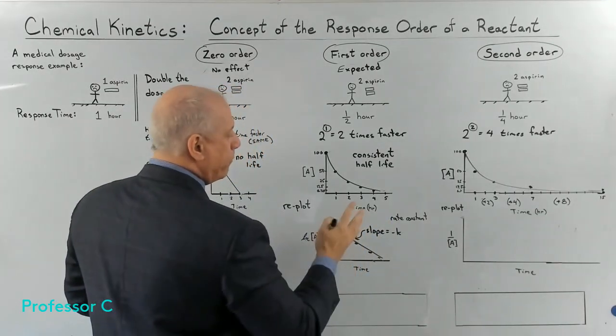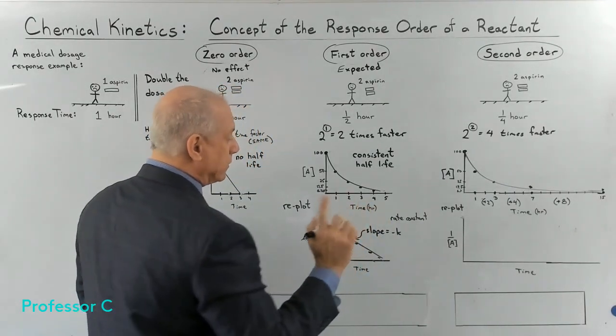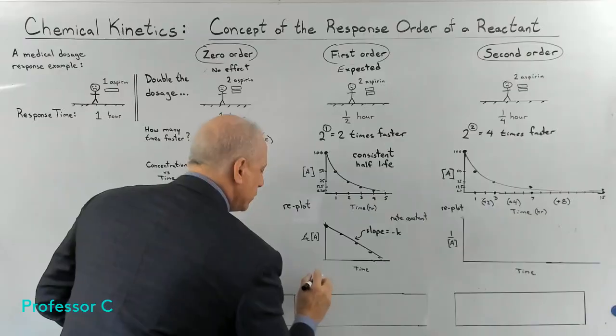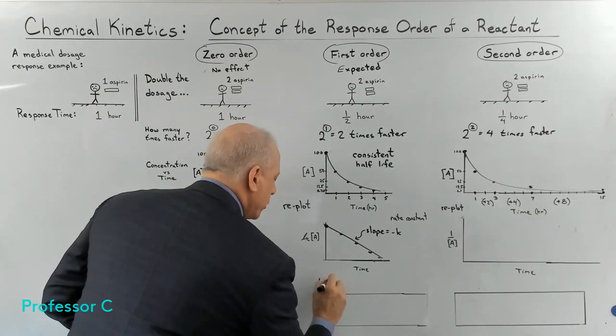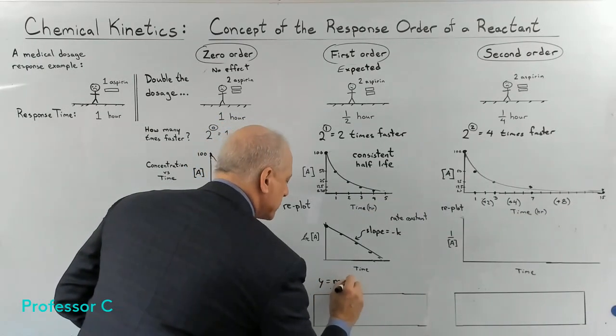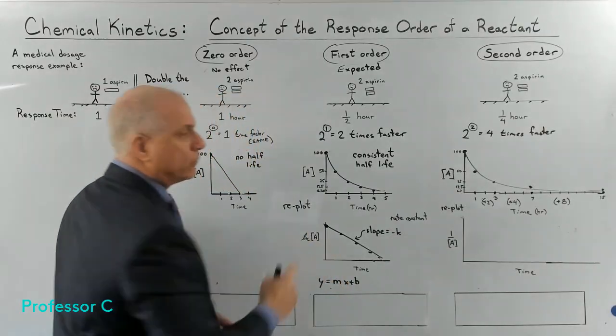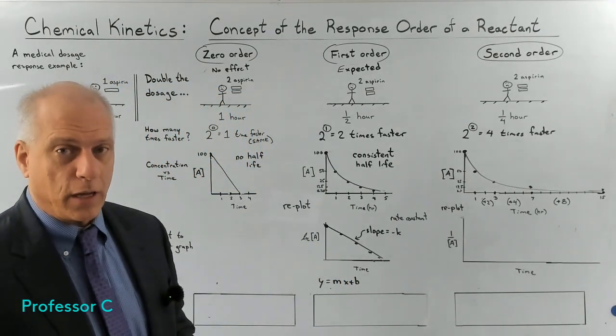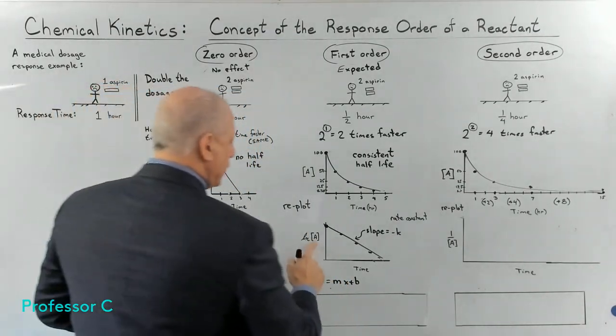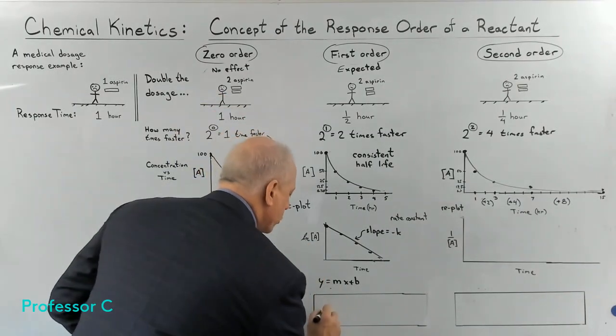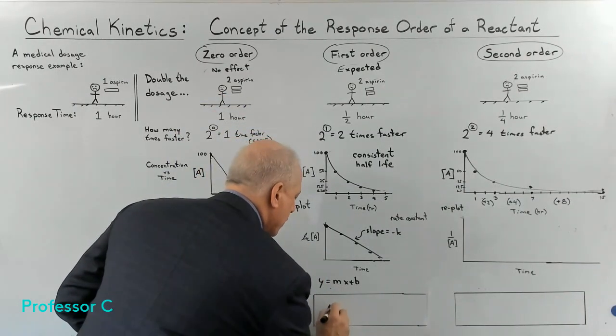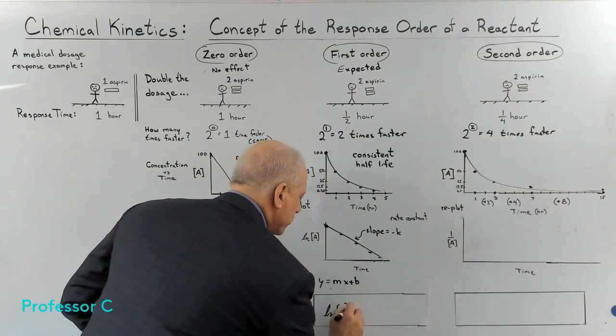Now, in math class, back in the day, you probably learned y equals mx plus b. That is the equation for a line. Y would be the y-axis, or in other words, the natural log of the concentration of the aspirin.